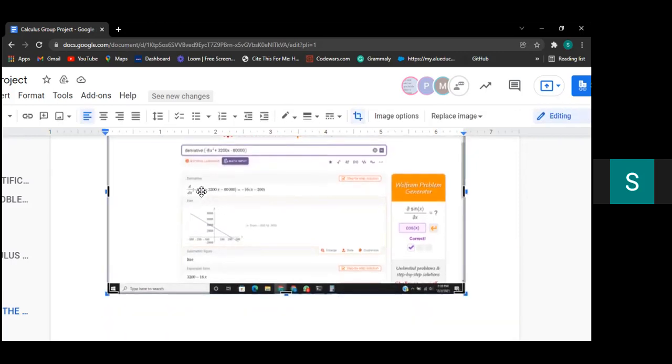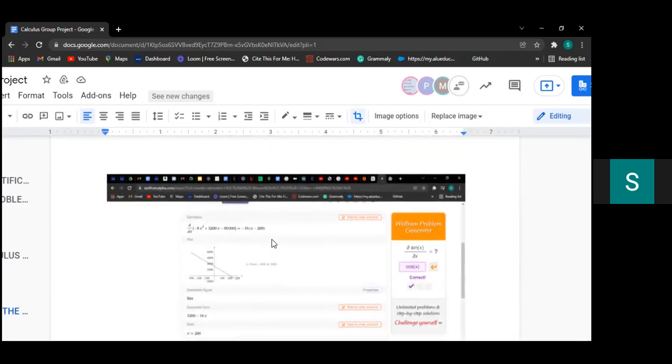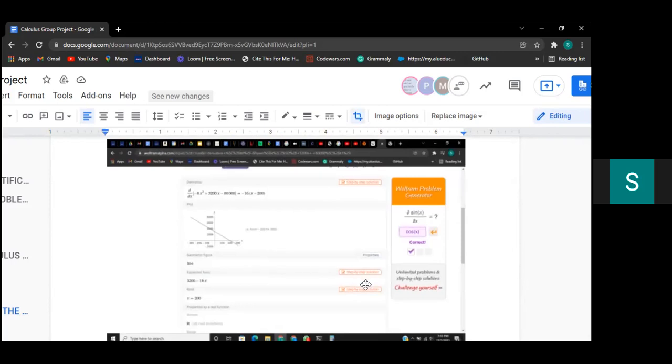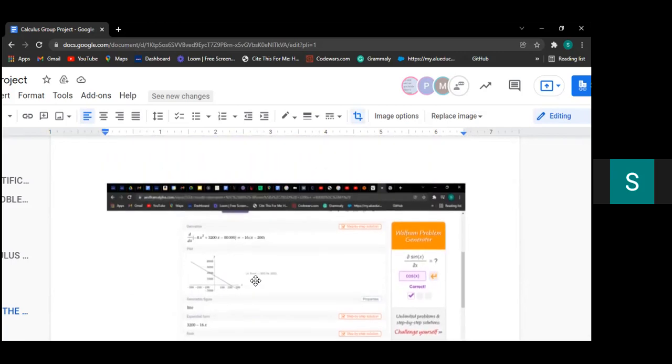First, it finds the derivative of this function over here, and then it equates the value to 0, so that it can find the value of X. Basically, the steps are hidden. If we want to see all the steps, we have to subscribe to the premium version.